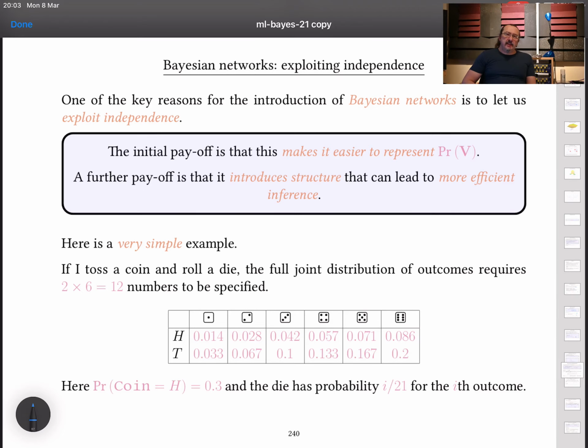Now, the key idea here is that we can use the idea of statistical independence to try and impose structure on the joint distribution that we make using a Bayesian network. Independence, or more specifically the idea of conditional independence, which is slightly different and something that you're probably less familiar with.